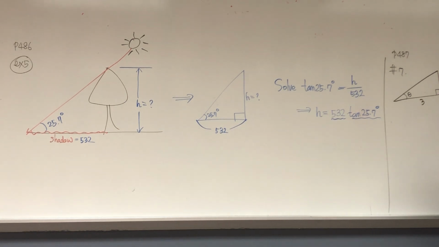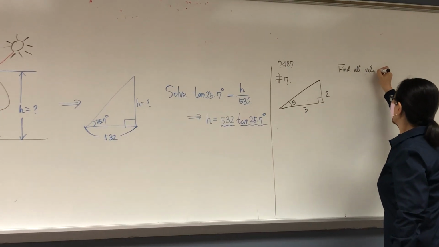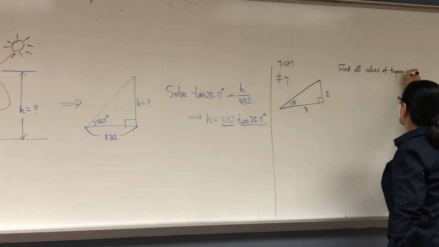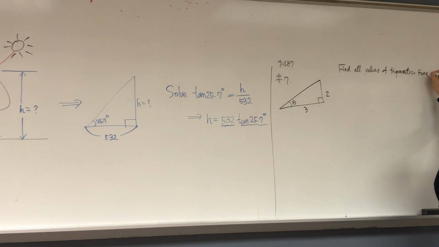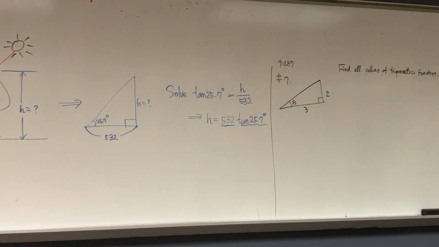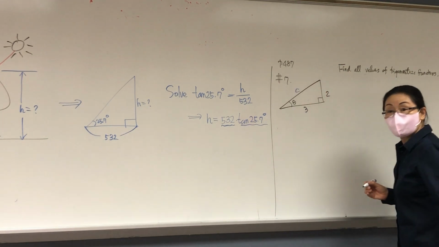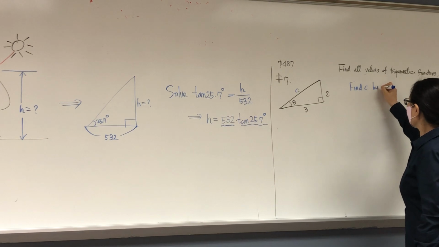And the question is: find all values of the trigonometric functions. Exactly what we did in the example, right? So what do you need to do? Find the missing side. That's right. We set up C and find C by the Pythagorean theorem.